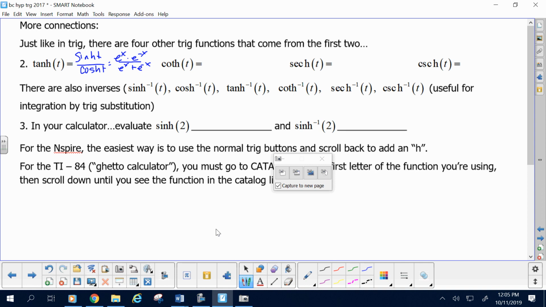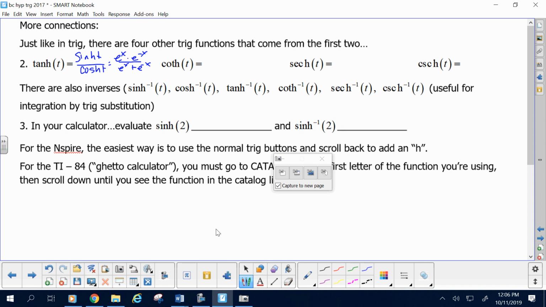And students say, well, how do you pronounce that? How do you reckon you pronounce it? As far as I know, you would say hyperbolic tangent. I'm calling it that. You can call it whatever you want.